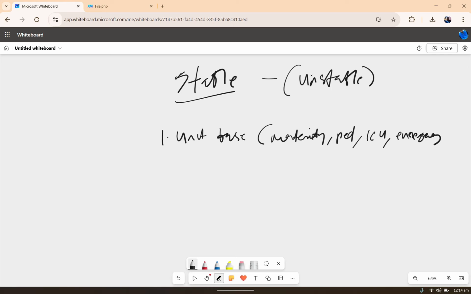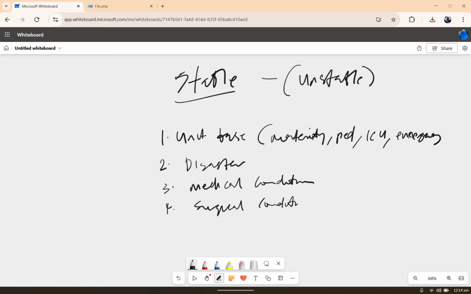Prioritization also involves disaster. You can prioritize based on disaster, you can prioritize based on medical condition, you can prioritize based on surgical condition.